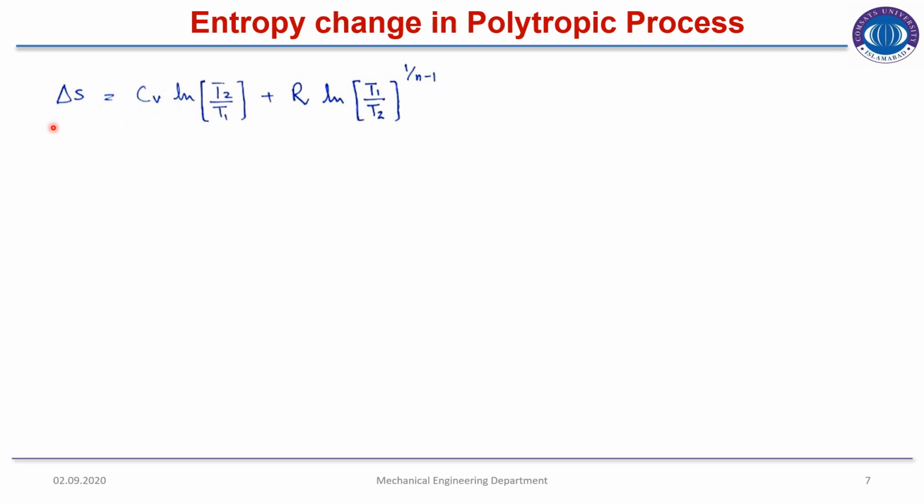The relation for the change of entropy is given by Cv natural log T2 over T1 plus R natural log (T1 over T2) to the power 1 over n minus 1. Here we have replaced the value of V2 over V1 from the relation of the polytropic process.